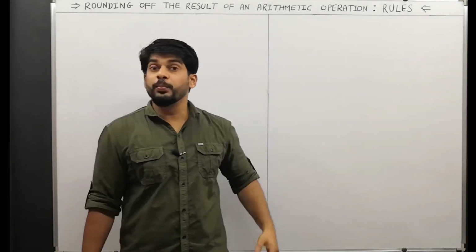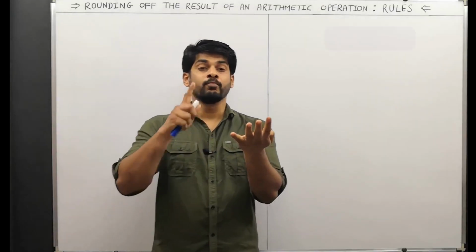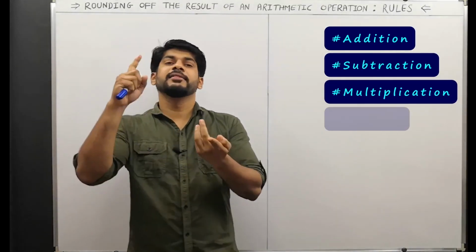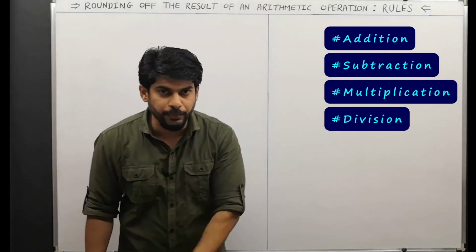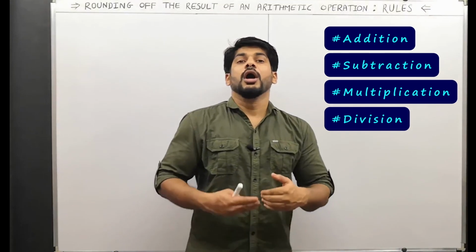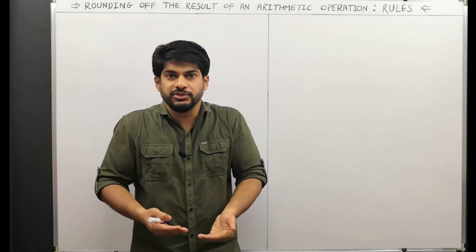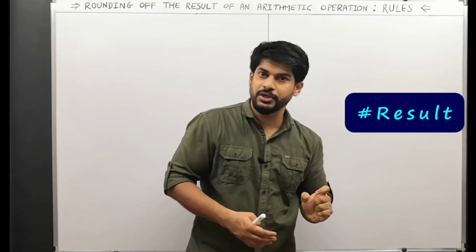See, there are various operations that we do. Basically, there are four: addition, subtraction, multiplication, and division. These are the four basic mathematical operations. After doing these operations, you will get some result.